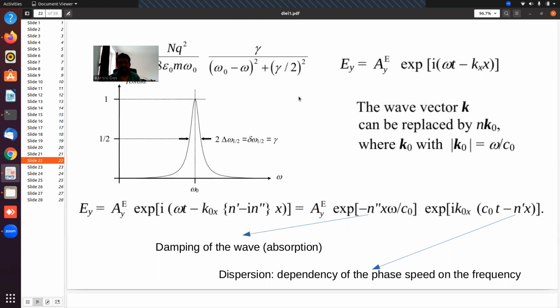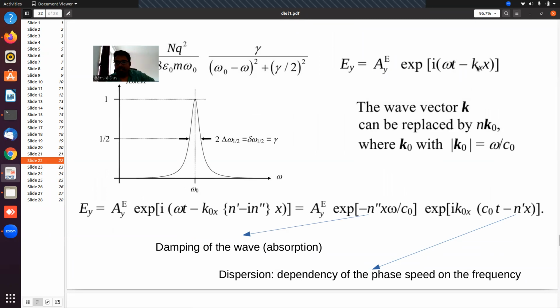Consider this expression of the electric field of light: E equals amplitude times exponential i(omega t minus kx), and this is my last slide.